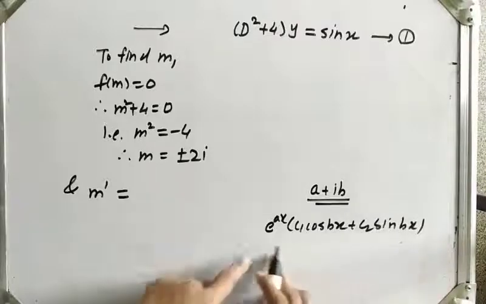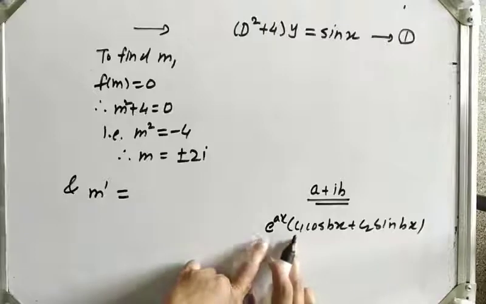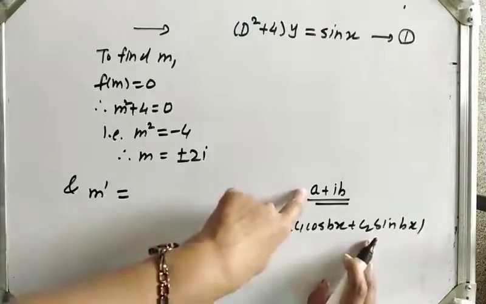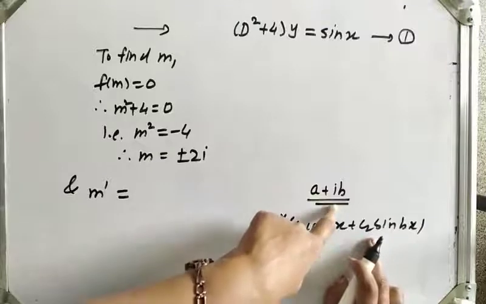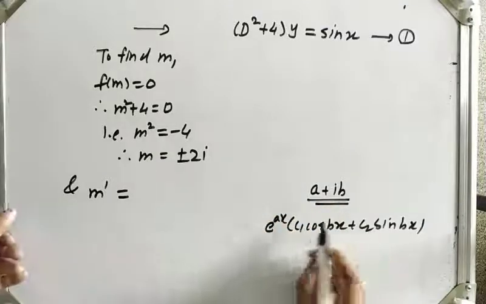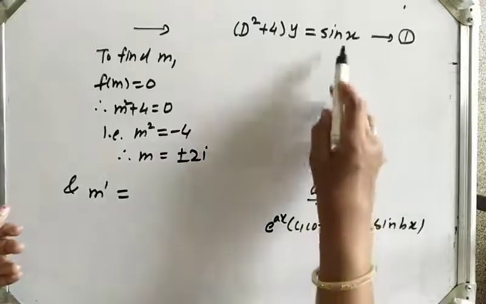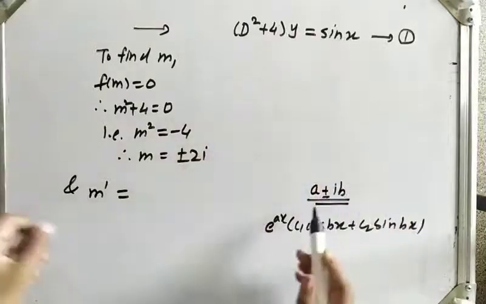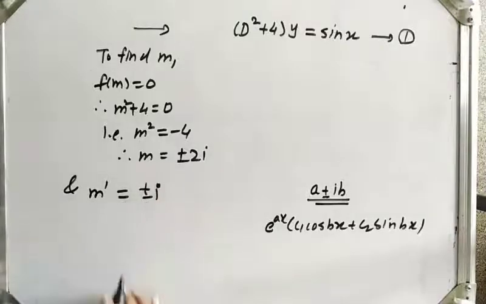Now here is no term of e, only sin is there. Means c1 is 0, a is 0, b is 1, c2 is 1. So our m dash will be what? Here is a plus minus ib. So b is 1, coefficient of x is 1. So our m dash will be plus minus i.